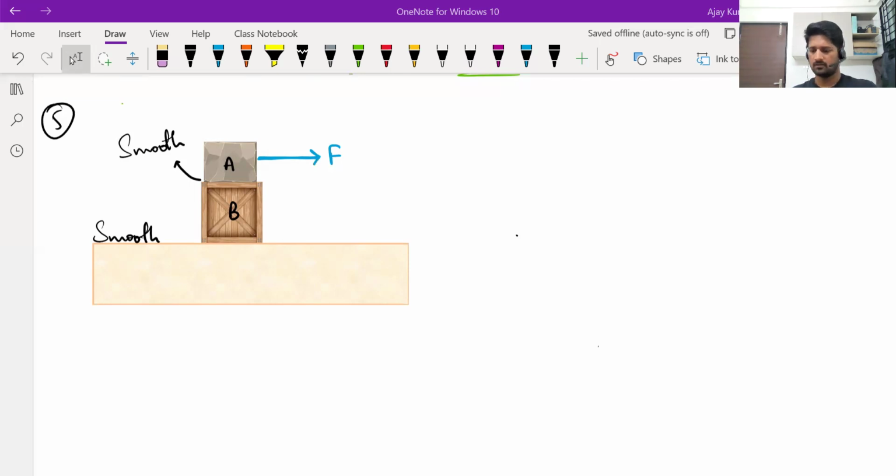Why is it so hard to answer? Yusuf, what do you think? Can you repeat the question? The system was at rest, all surfaces are smooth. What happens if we apply a horizontal force on the upper block?